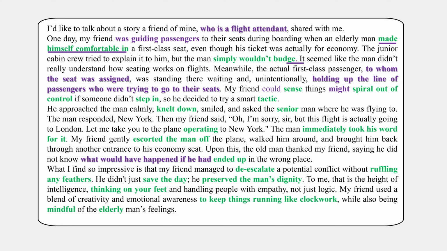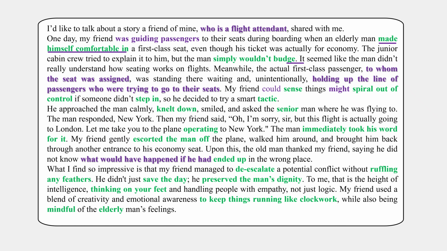Now, I understand sometimes it can be really difficult to think about that when you're thinking on your feet and while answering, but try as much as you can to train yourself on how to use relative clauses. Now, my friend was guiding passengers. You see here, I'm using the past continuous, and I'm also using another event that occurred during that past continuous. So, was guiding passengers to their seats during boarding when an elderly man made himself comfortable in.